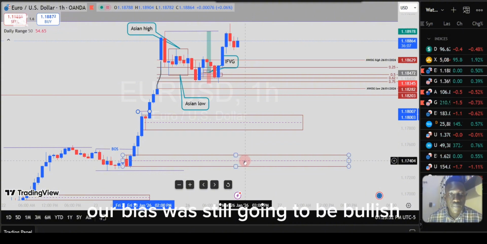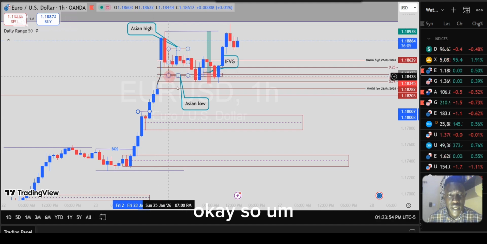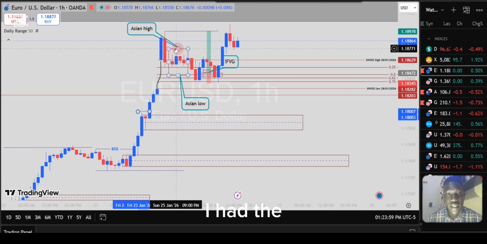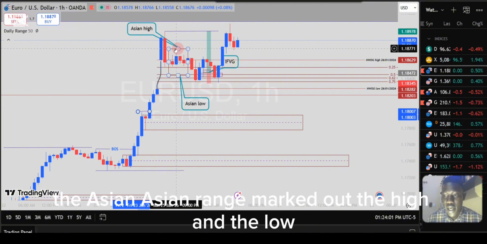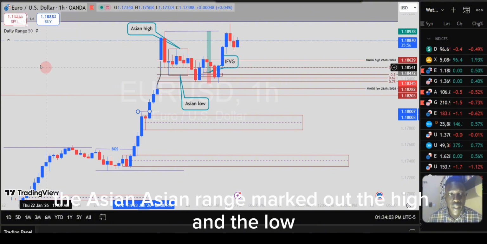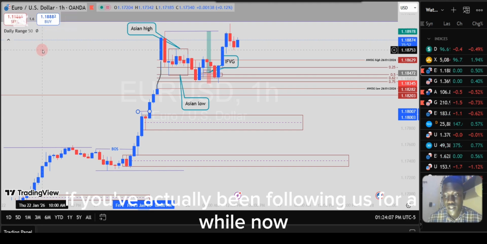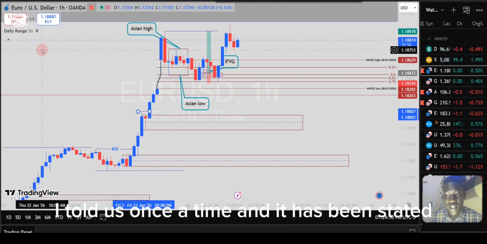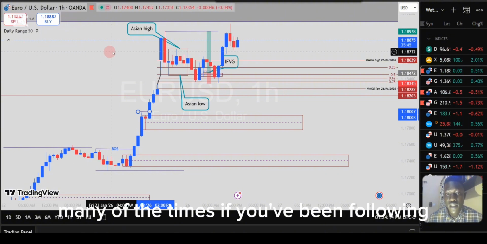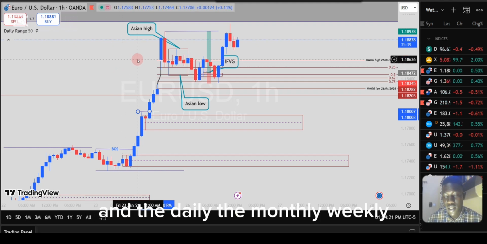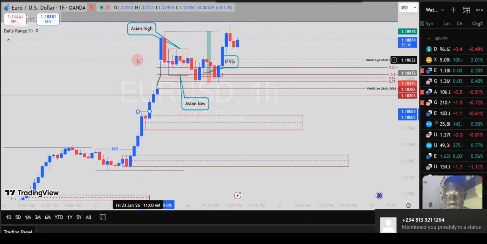Having mapped out those areas, I had the Asian range marked out, the high and the low. If you've been following us for a while now, it has been stated many times that the areas of liquidity I pay very close attention to are the session liquidities and the daily, weekly and monthly ones.